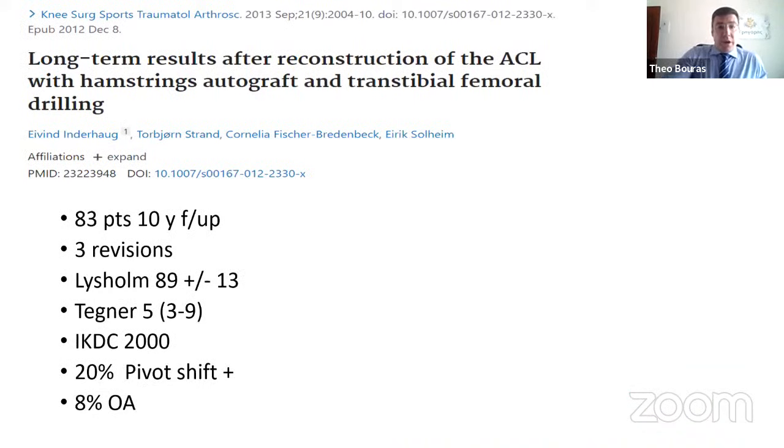Let's go to the literature. From Kista 2013, this study reported 83 patients with a 10-year follow-up with a transtibial technique, ACL with hamstrings, 3 revisions, very good functional outcome with Lysholm, Tegner, and IKDC. However, they did report 20% positive pivot shift, which was attributed to the transtibial technique, and 8% osteoarthritic changes in the knees.